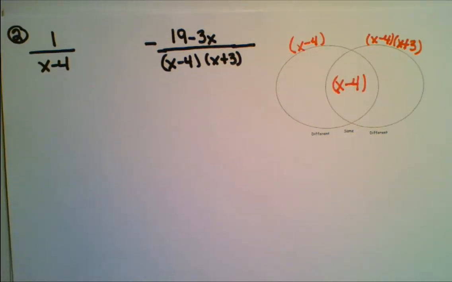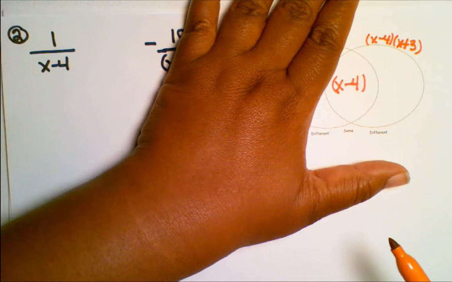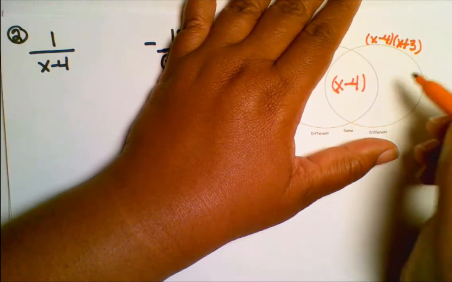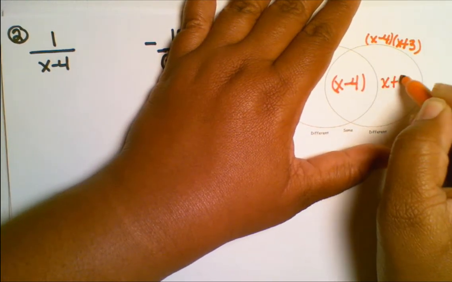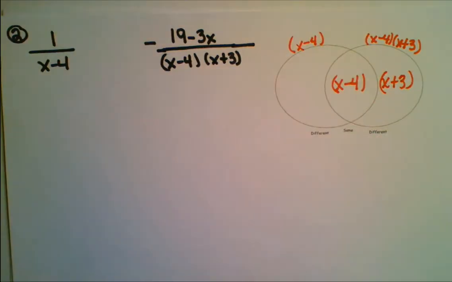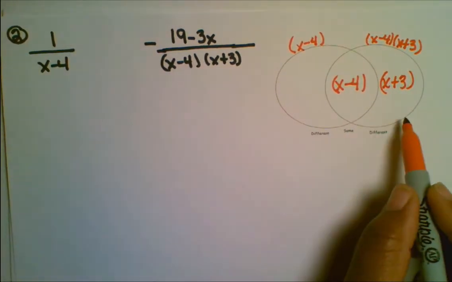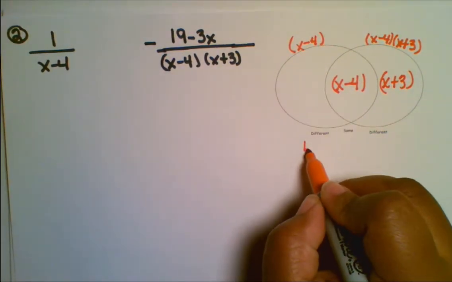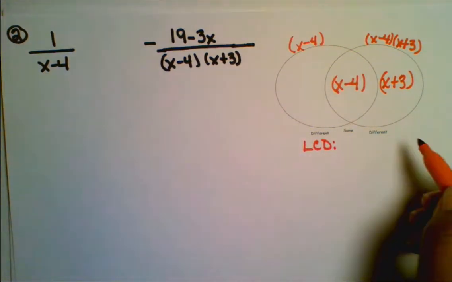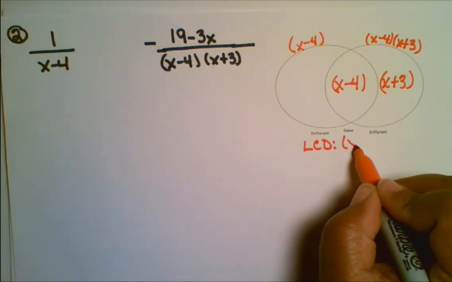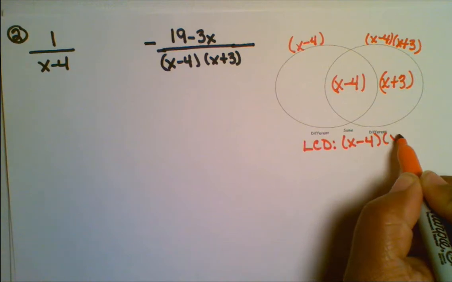But the second circle, what makes that different? It will be the x plus 3. So we're going to multiply all parts to find the LCD. And the LCD is x minus 4 times x plus 3.